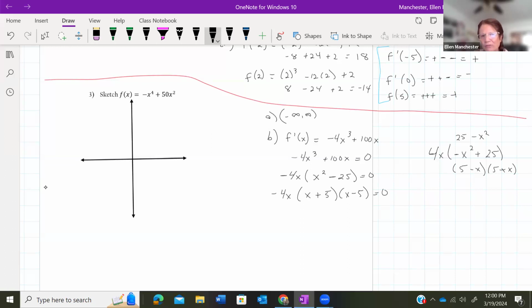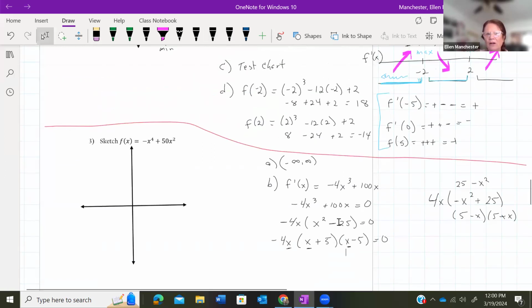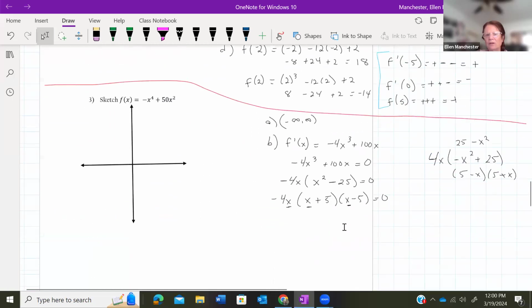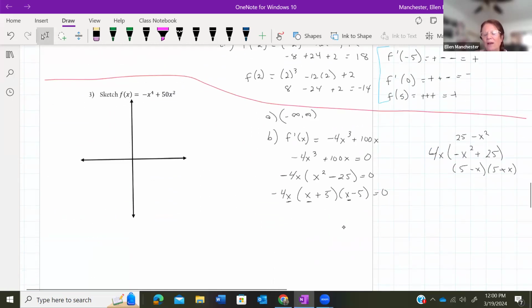Okay, so this is the first time, if you notice, now we have 3 X's. In our other two, when we factored, we had 2 X's. 2 X's gave me 2 critical points. 3 X's means I'm going to have 3 critical points. So the number of X's makes a big difference. So I'm going to set every single one of these to 0.